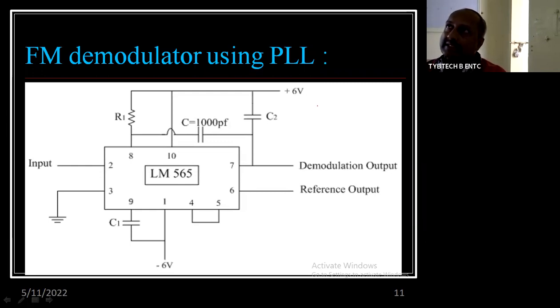But the modulating signal has three parameters, as we know: amplitude, frequency, and phase. So according to the modulating signal, which parameter is going to change? That is important. It will be the amplitude. So the amplitude of the modulating signal, not the frequency.